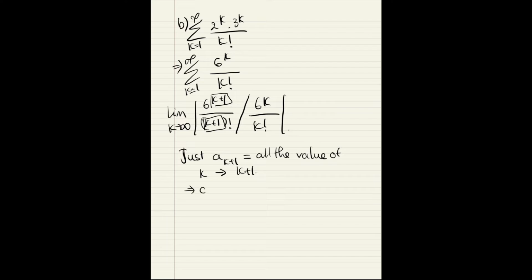For example, a of k equals 10k plus 10k squared. Then a of k plus 1 equals 10 times k plus 1 plus 10 times k plus 1 squared.